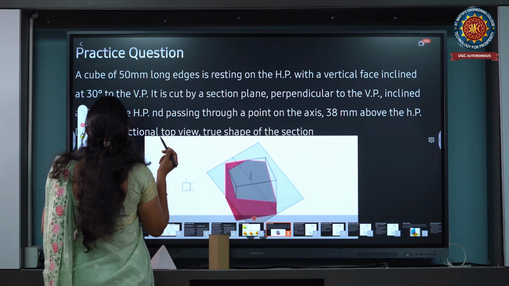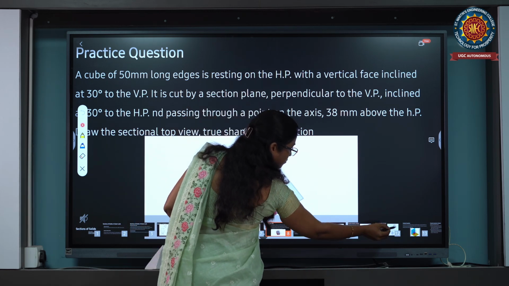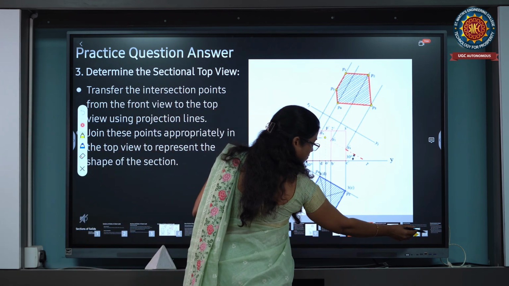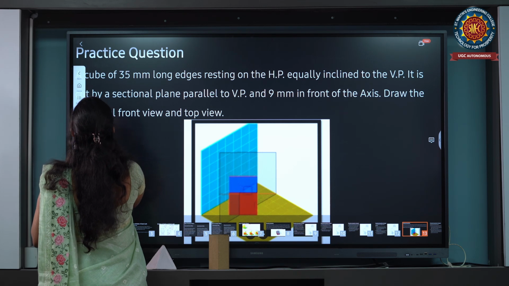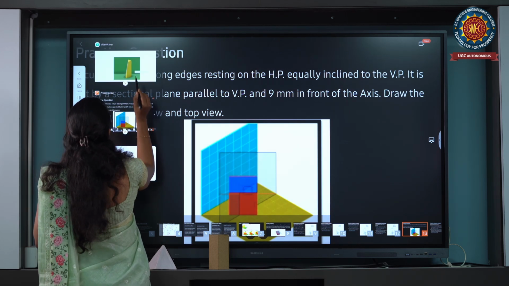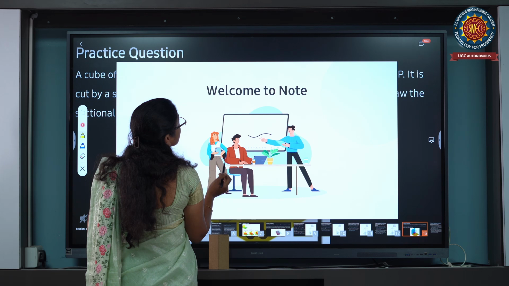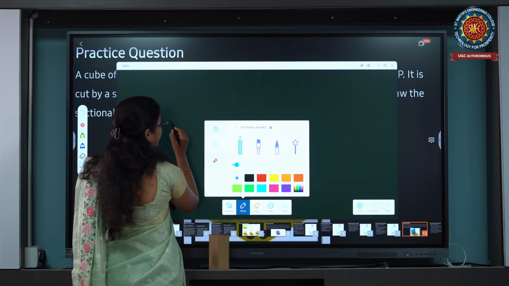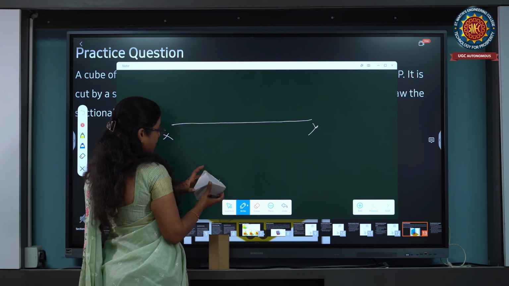Here one problem is there. Using this problem, you need to draw one reference XY line, and then draw, suppose this one is a hexagonal pyramid.